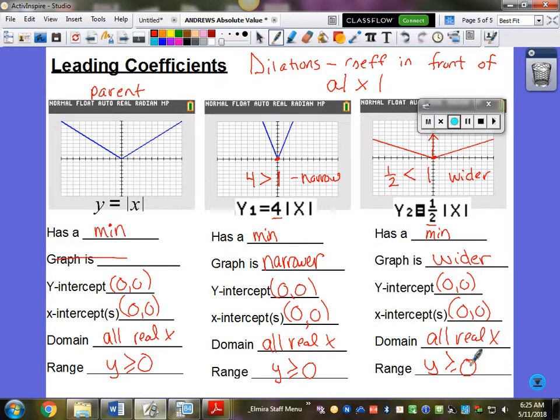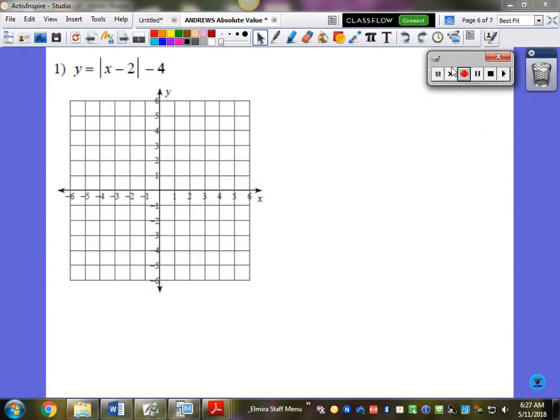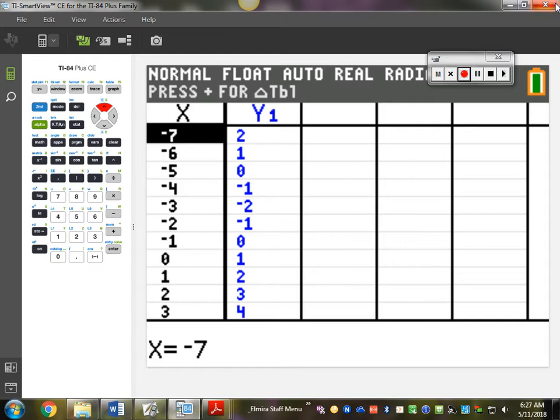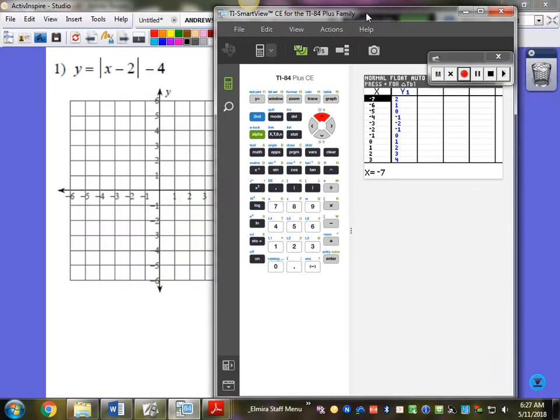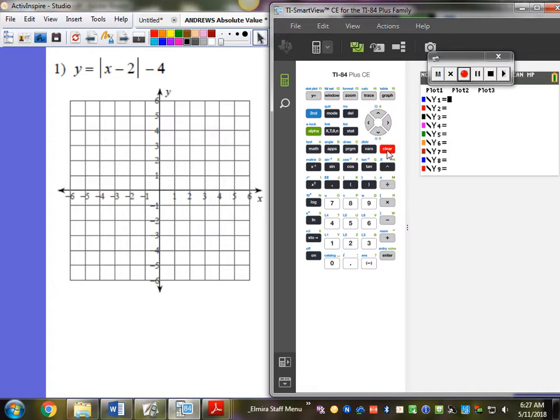Okay, so on your homework, here's what I want you to do. In your calculator, where are you? There you are. I want you to keep the parent function in your y1. So second catalog, x, nope.